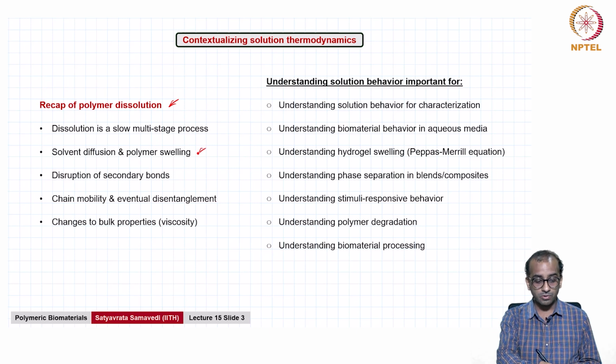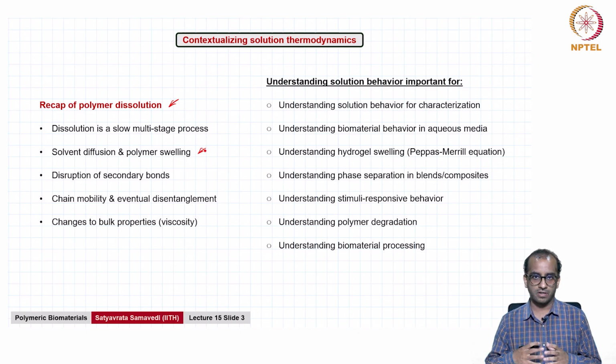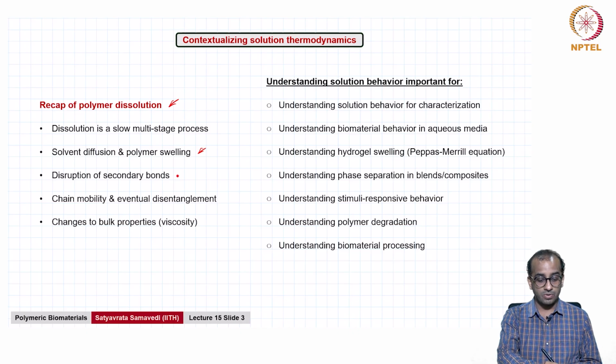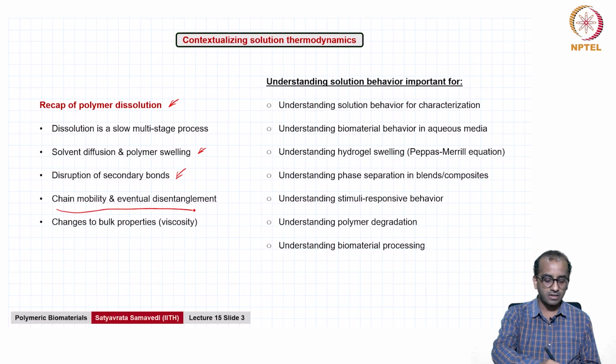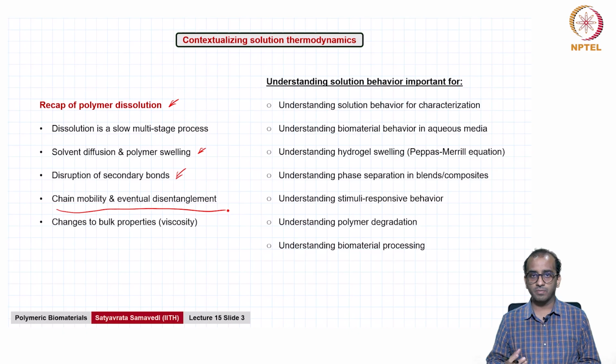Some key steps include solvent diffusion, polymer swelling, plasticization, uncoiling of chains, solvation, all of these factors we have seen. You have, more importantly, disruption of secondary bonds between the chains as the solvent penetrates. Then you have chain mobility and eventual entanglement where the polymer chains go into solution.